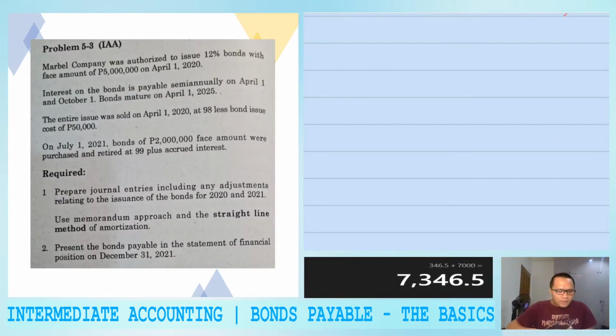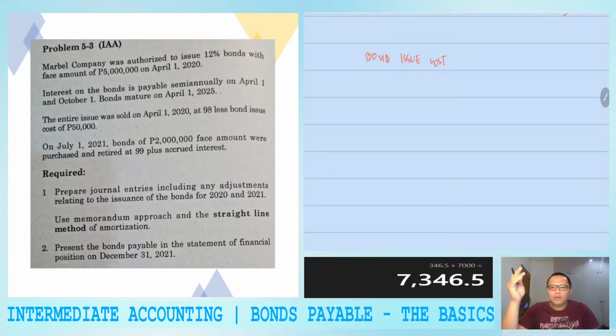So for our next problem, we have this Marble company, no? So this particular problem involves bond issue costs. Okay? So, sa brief background lang din, although I know we already know about this, no? Bond issue costs, okay?